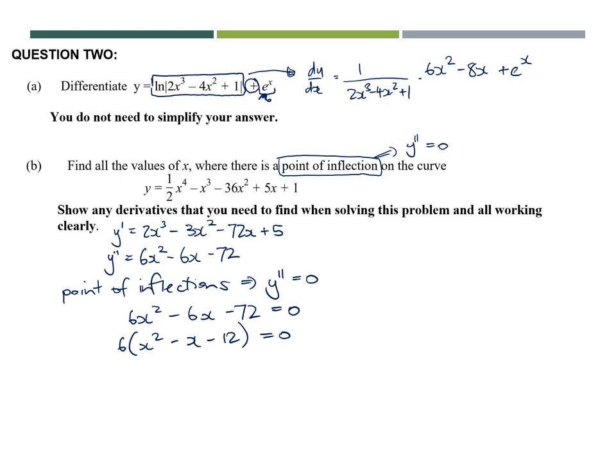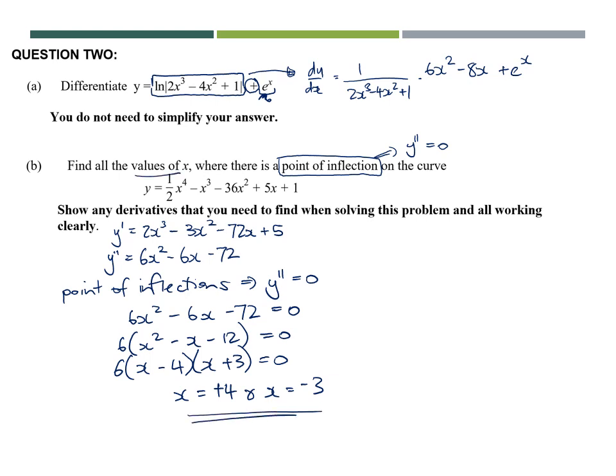Take the common factor of 6 out. From there I'm just still trying to solve, so it's going to be minus 4 and positive 3, which gives me two answers of x equals positive 4, and x equals negative 3. Find the values of x. Here are the values of x.